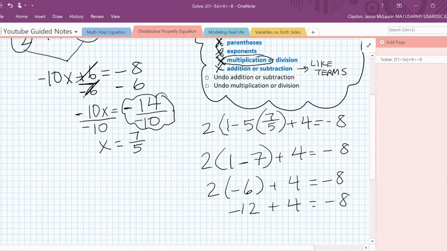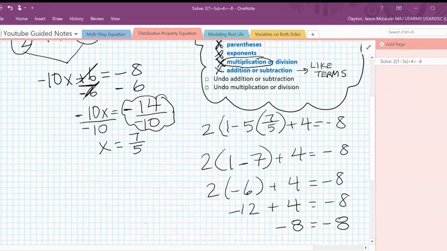Negative 12, and I go right 4 units. I end up with negative 8 equals negative 8. Again, for those that struggle with understanding how that works, think about the number line.